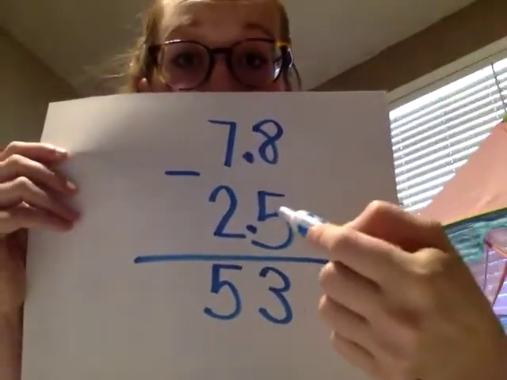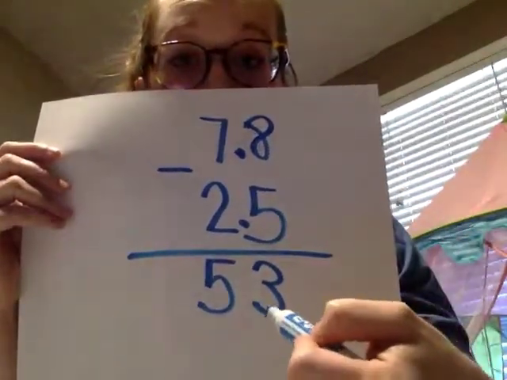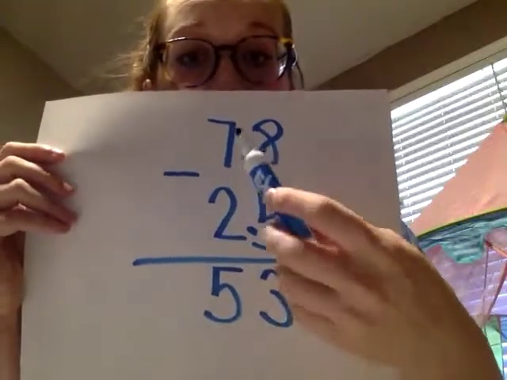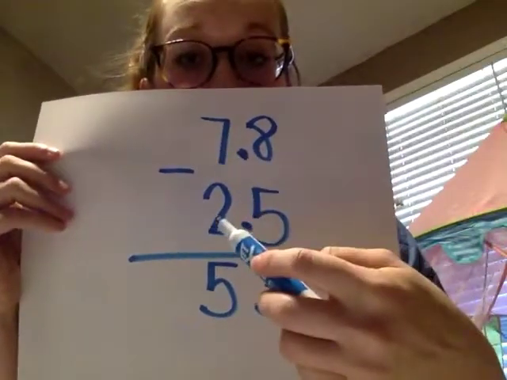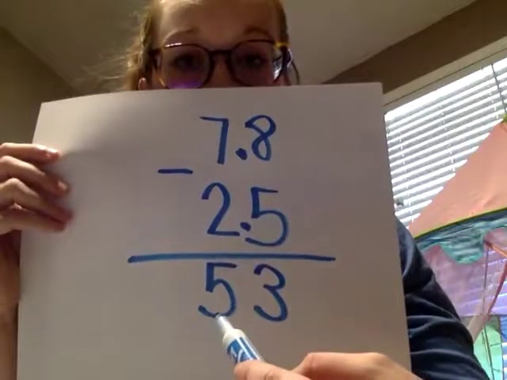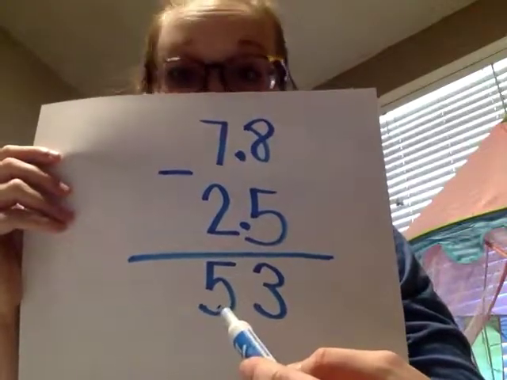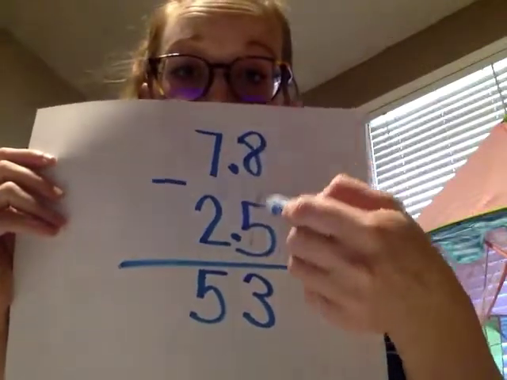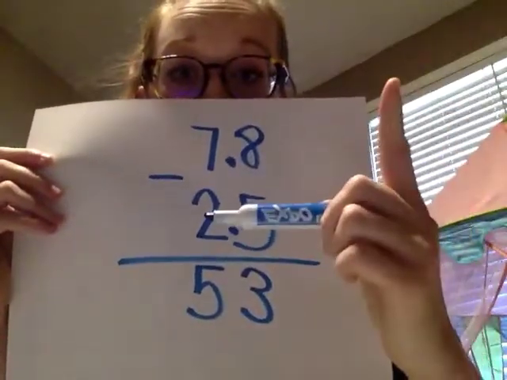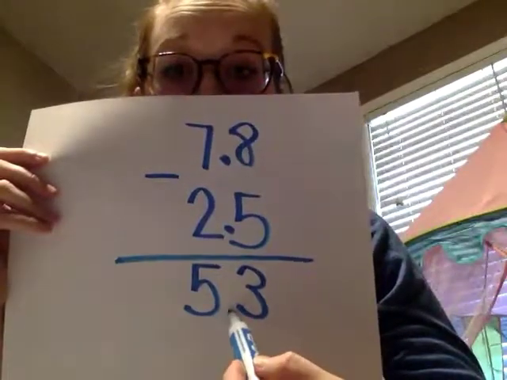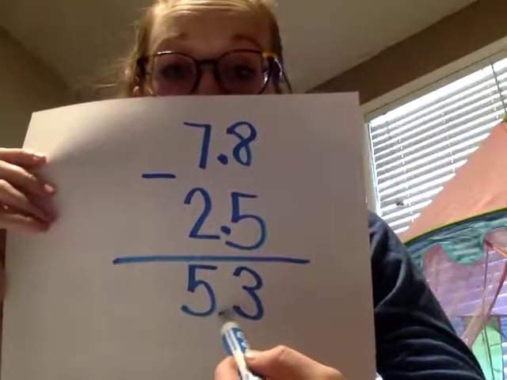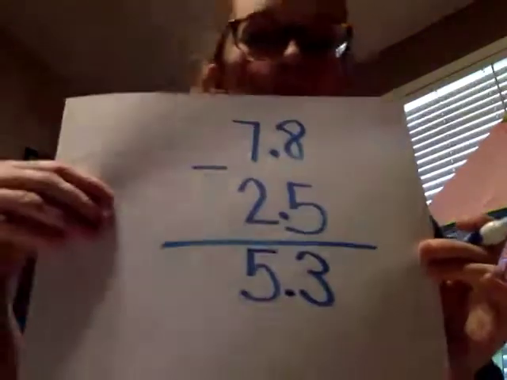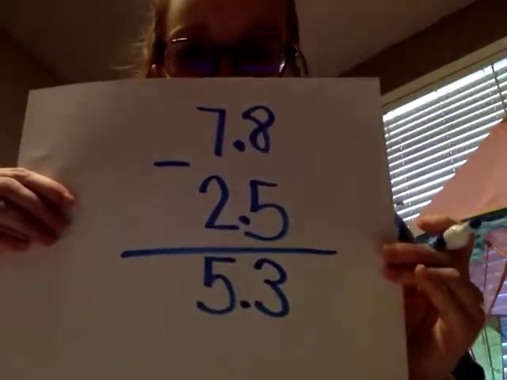So if I did 8 minus 5, that would equal 3. And then I would do 7 minus 2, and that would equal 5. The difference is just like the addition problem. I go back and I check how many place values that I add or subtract. 1. So my decimal would go in between these two numbers, making only 1 decimal place. So my answer will now be 5 and 3/10.